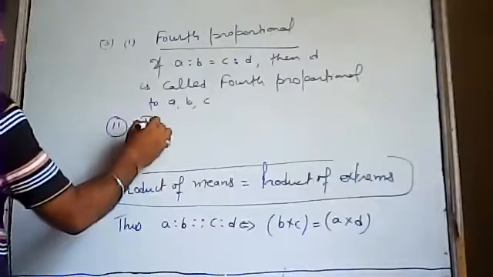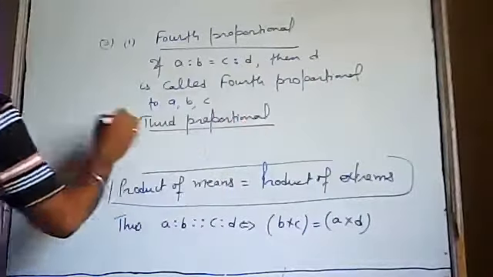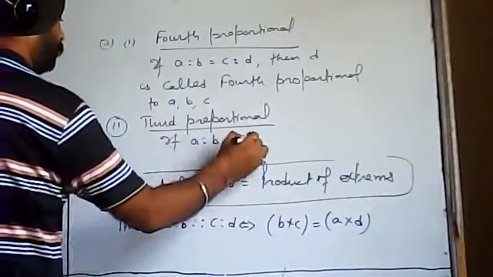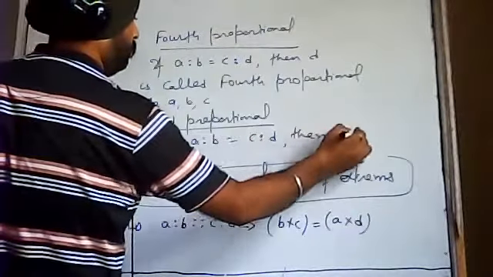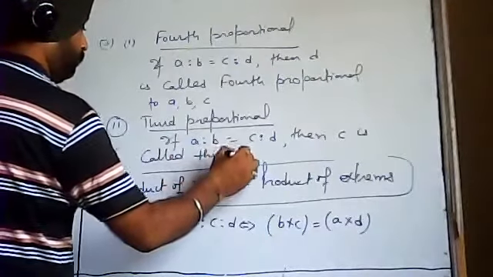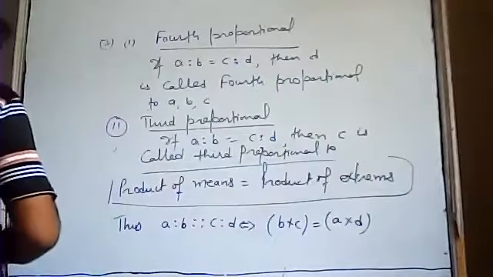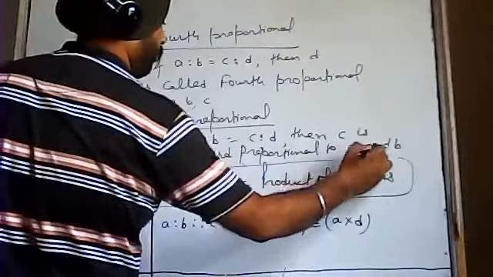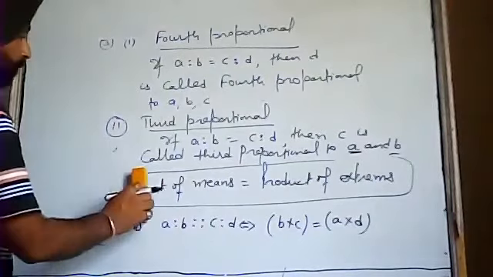Number 2, third proportional. If A ratio B equal to C ratio D, then C is called third proportional to A and B. Not D. For D, C is not third proportional.